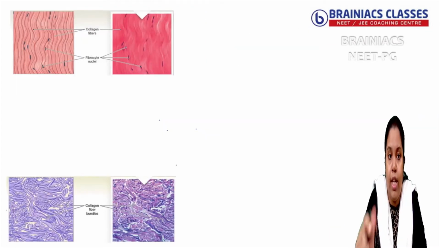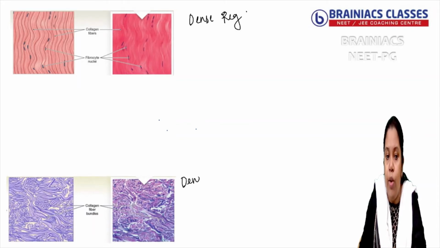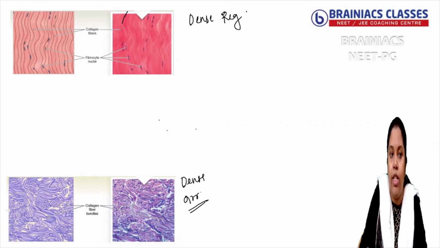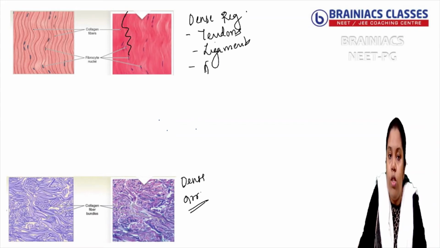Next is the dense connective tissue. This is the dense regular connective tissue, and this is the dense irregular connective tissue. Here the fibers are arranged in a regular fashion. Dense regular connective tissue is present in the tendons, ligaments, and aponeurosis.